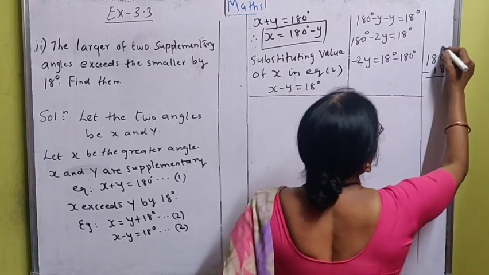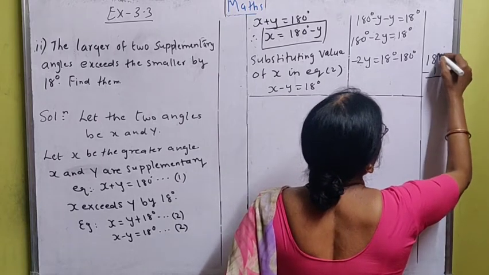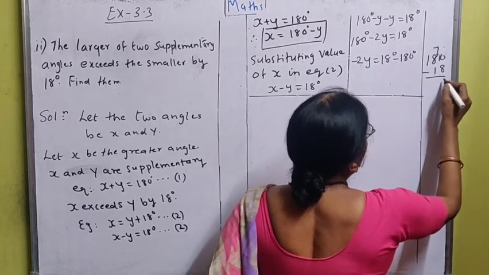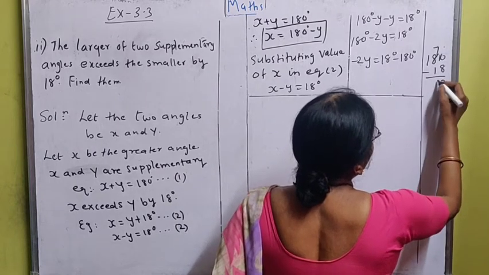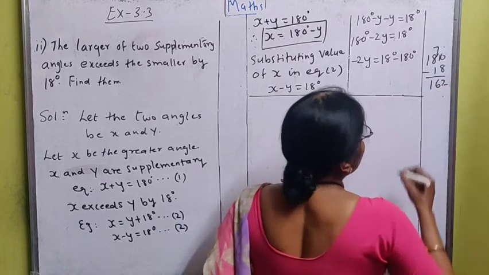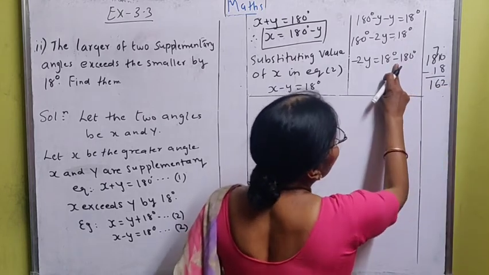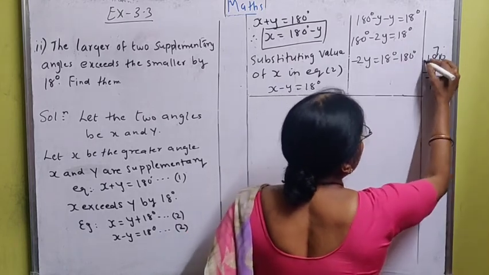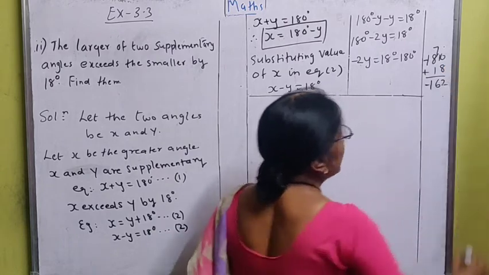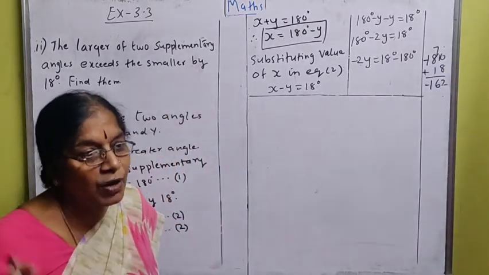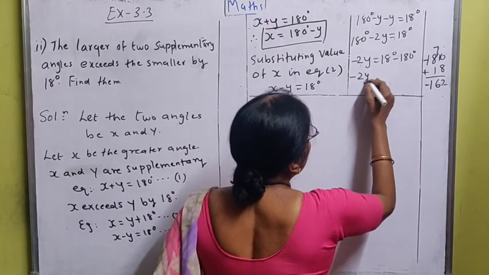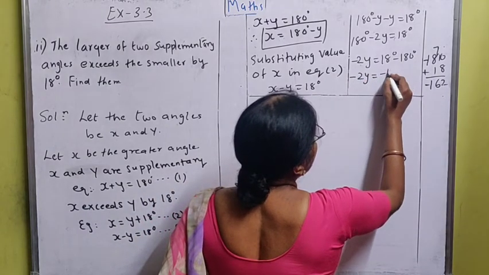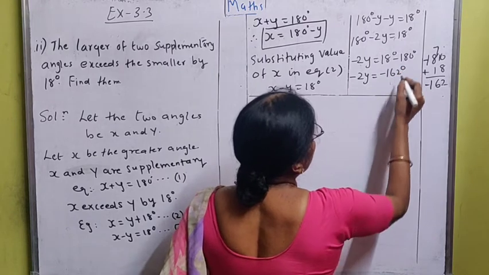Here it will become 10, this will become 7, 10 minus 8 is 2, 7 minus 1 is 6, 1 will remain as it is. 180 is the greater number, so this is minus and this is plus, so we will get the answer as minus 162 degrees. So minus 2y is equal to minus 162 degrees.